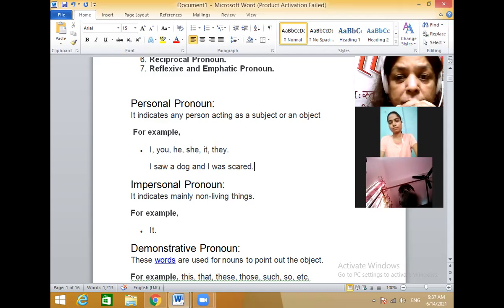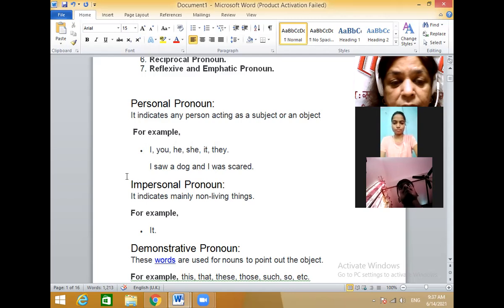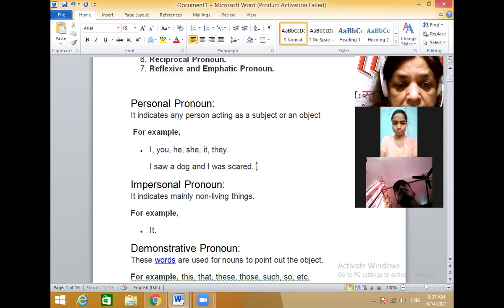As soon as the dog saw me, okay, I saw a dog and I was scared. Yes, the others, what are you doing? Complete this. The moment I saw the dog, I saw a dog and I was scared.